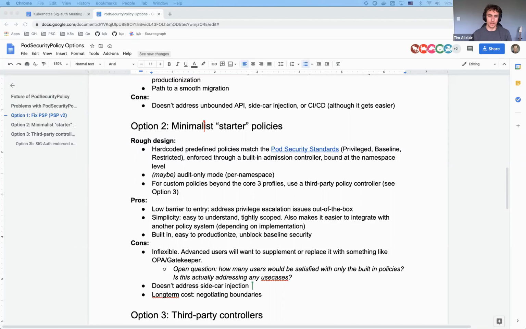So I think that was the point that David made, or I can't remember who, sorry, early on, that we have third party controllers and they're not going anywhere. The question is more, do we provide something in addition to that?